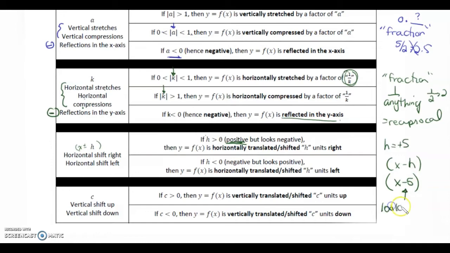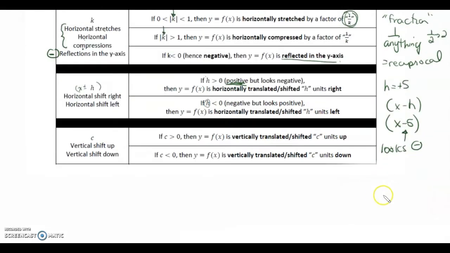So this looks negative, but the h value is actually positive. Then our function is translated or shifted h units to the right. And if the actual h value is negative, let's scroll down here a little bit. Let's do an example, h is -3.